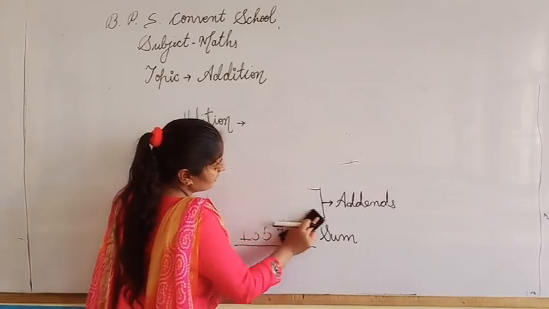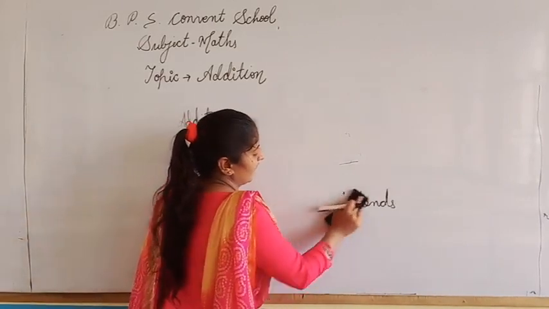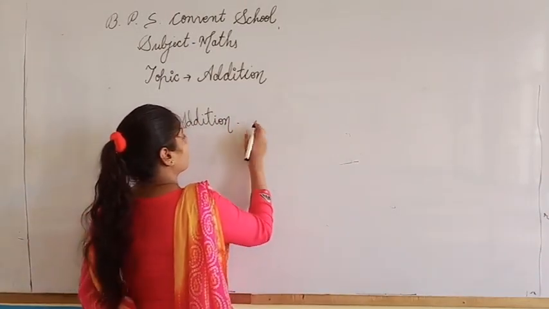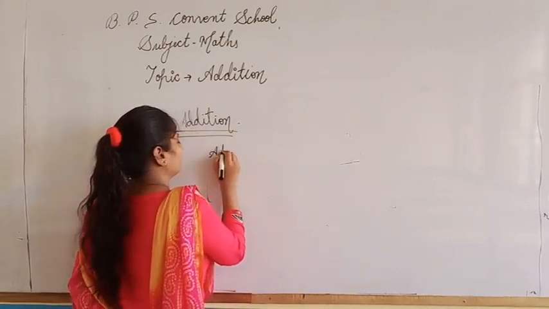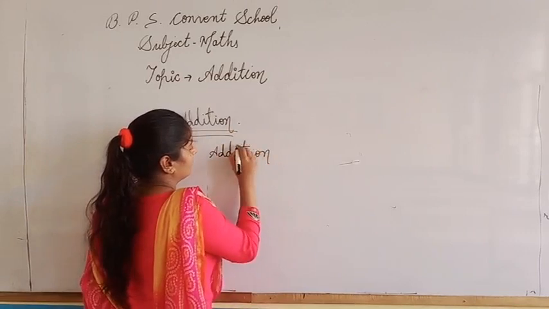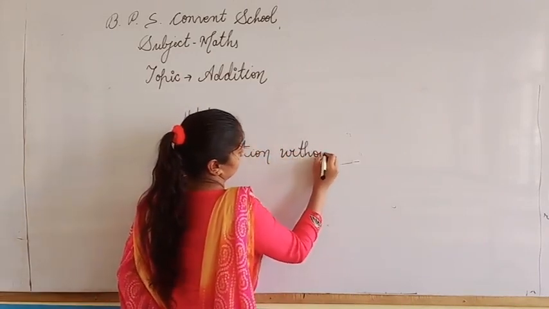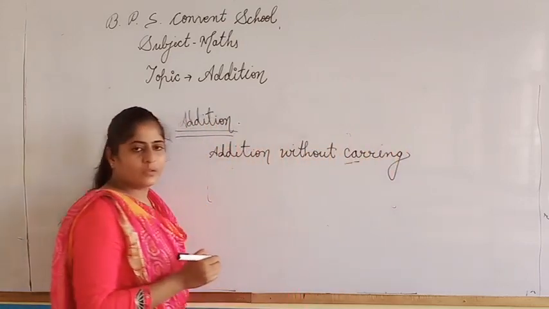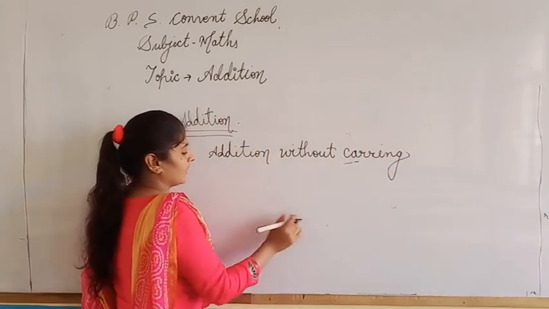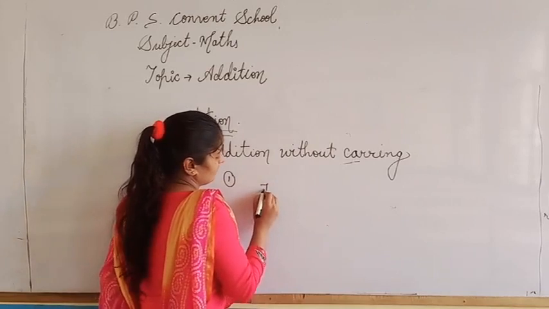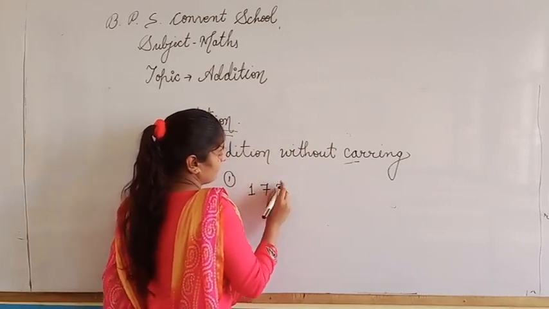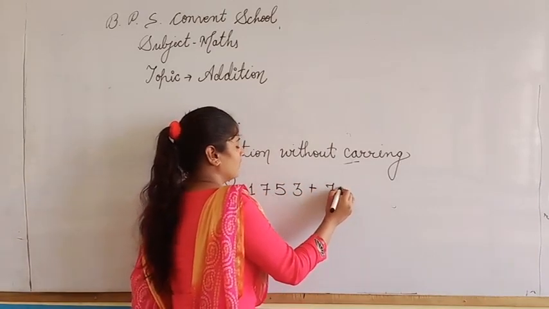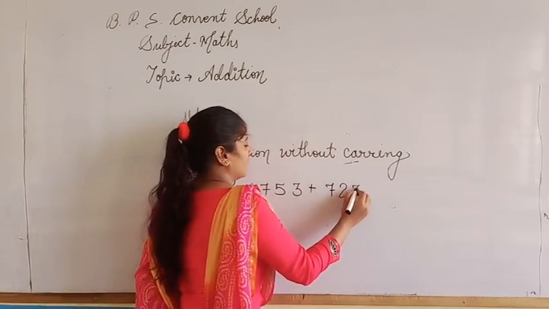First one is addition without carrying. Just take an example: plus 7,235.